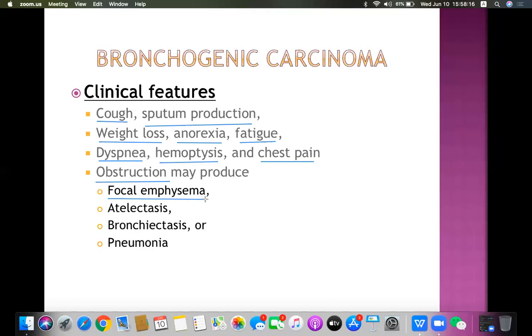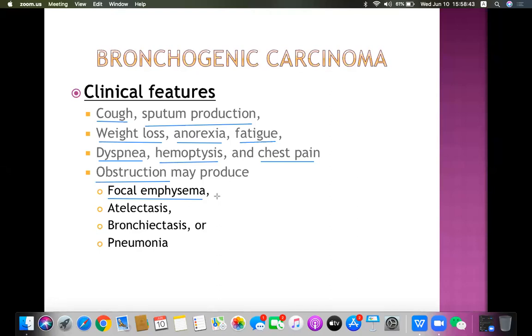Now, how do I explain this? This emphysema is not that emphysema which we have covered in COPD. In that case, the mechanism is completely different. Here, this emphysema is because of obstruction of a small airway. Now, the area which is supplied by that airway, if it is partially blocked, think about this.